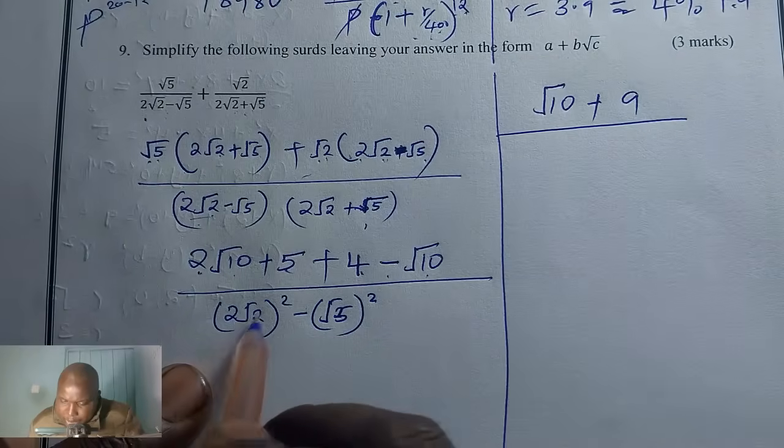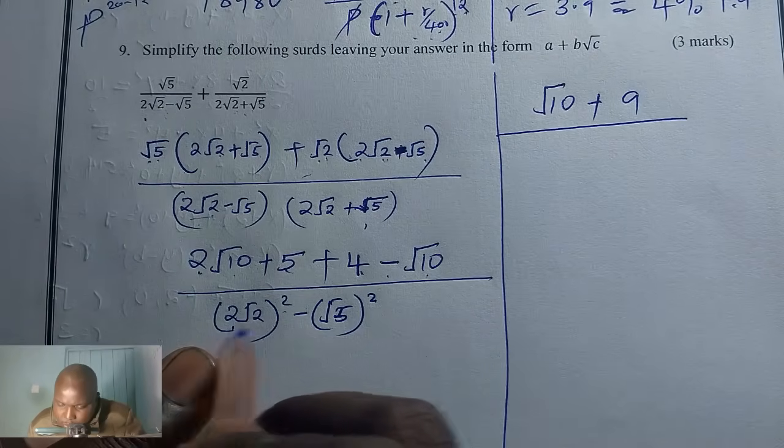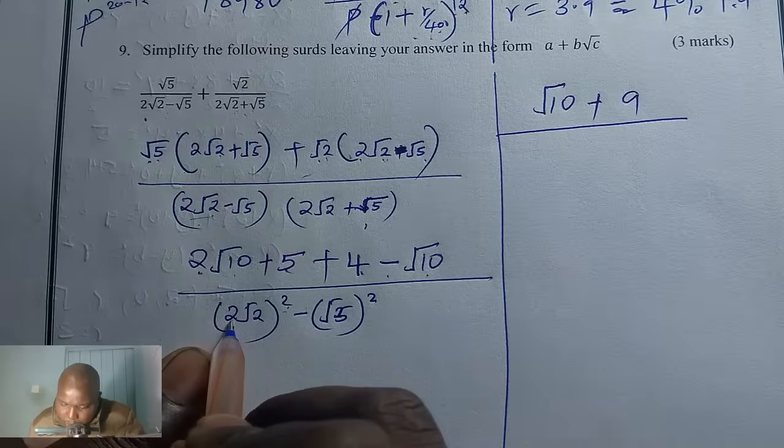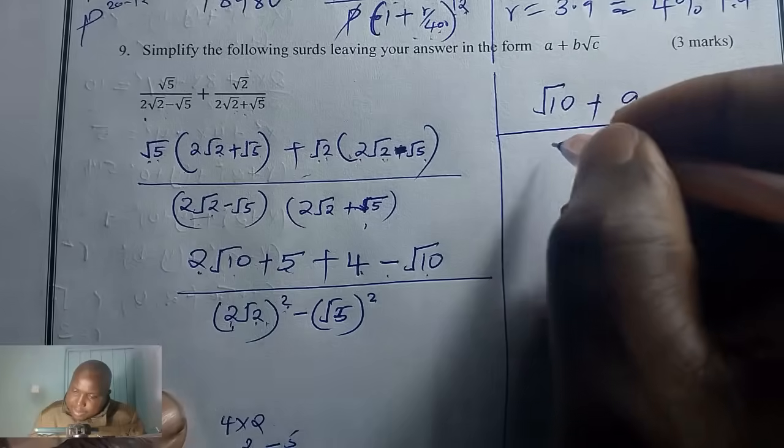So the denominator, you square everything. 2 squared, that is 4, times 4 times 2, that is 8, minus 5. This is 8 minus 5.